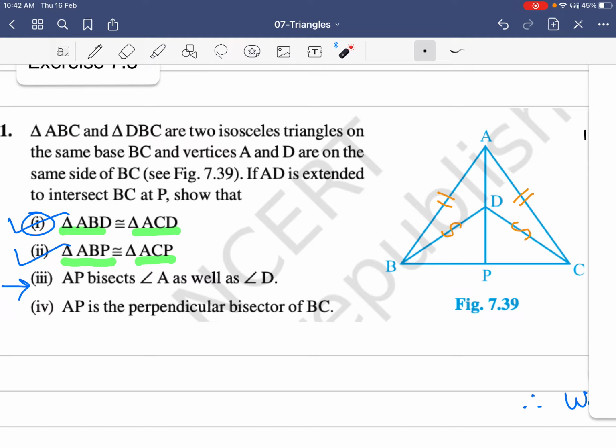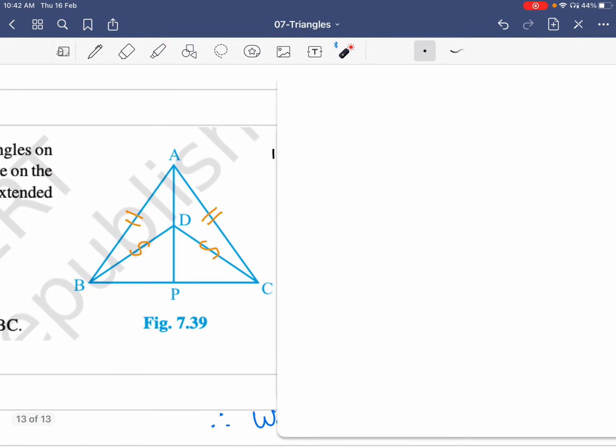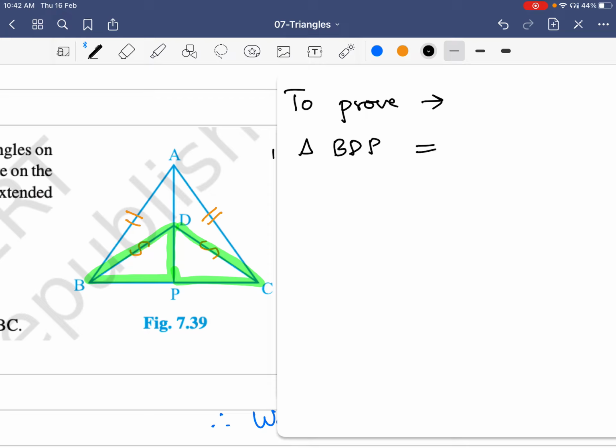This is something which I have already proven because we showed that this angle is equal to this angle when these two triangles are equal to each other. So it bisects angle A, that's very obvious, as well as angle D. So we want to show it also bisects this angle D. We are going to show that by proving triangle BDP is congruent to triangle CDP.